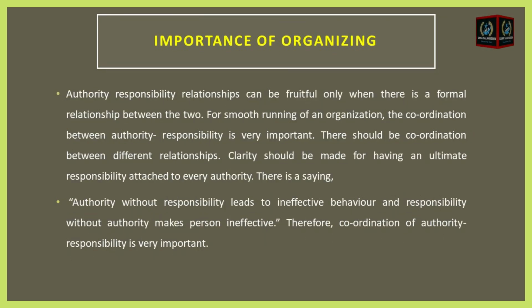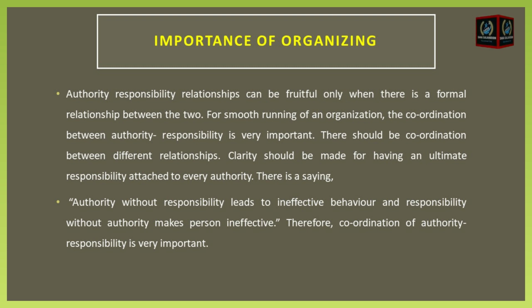Then comes authority. Authority-responsibility relationships can be fruitful only when there is a formal relationship between the two. For the smooth running of an organization, the coordination between different responsibilities and relationships is very important.